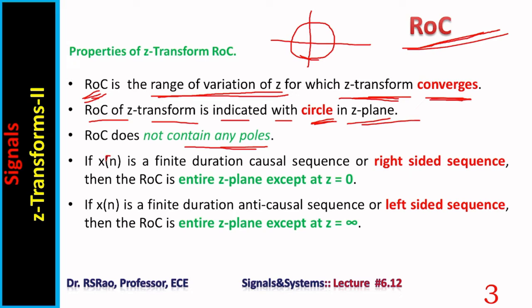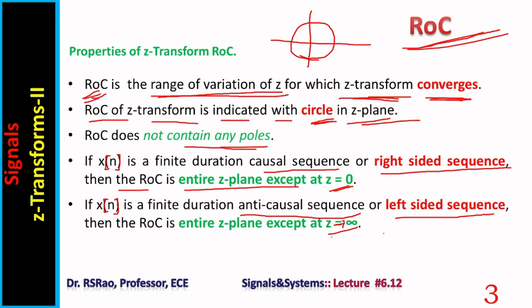If x of n is a finite duration causal sequence or right-sided sequence, then ROC is the entire Z plane except Z equal to 0. If x of n is a finite duration anti-causal sequence, that is a left-sided sequence, then ROC is the entire Z plane except Z equal to infinity.